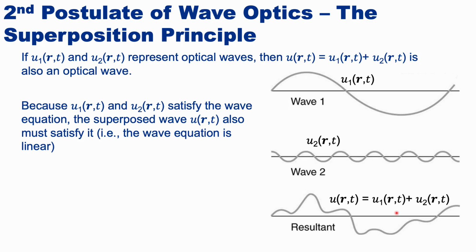At the same time that each of the wave functions satisfies the wave equation, the resultant wave function should also satisfy the wave equation. So this is telling us that the wave equation is linear.